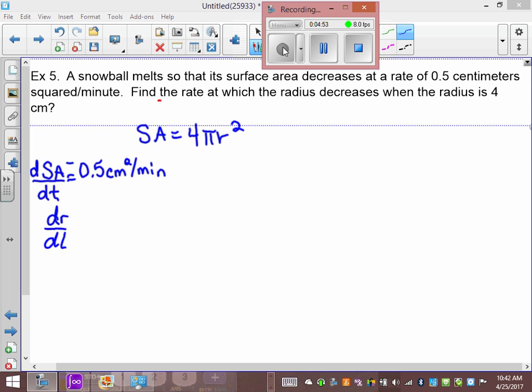If you forget to make this negative, this won't become negative. And you can't just put a little negative at the end and say, oh crap, it should have been decreasing. I will see that, and I will take marks off, because you're not proving that it's actually decreasing. You're just proving that you read the question and you know it should be decreasing. Find the rate at which the radius decreases when the radius is 4 centimeters.